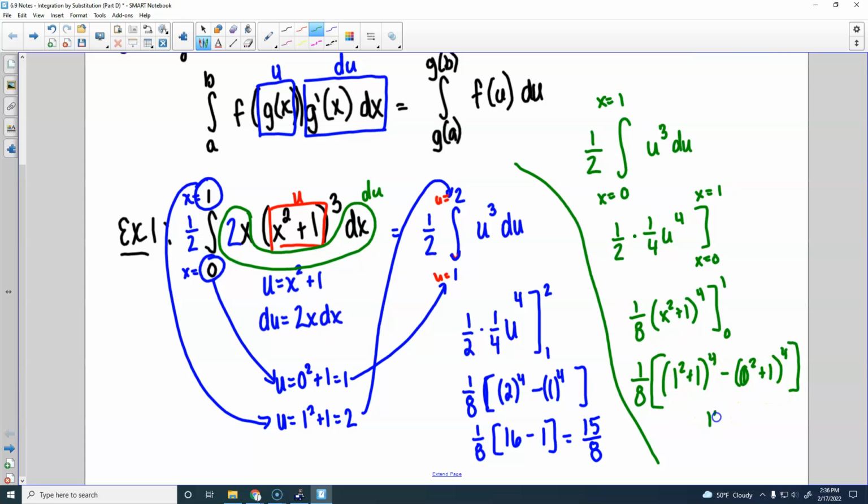This is going to give you 15/8 in the end, but it's just a little more work than doing 2 to the 4th minus 1 to the 4th. So it just makes it a little easier to do. You usually have small numbers that are easy to plug into your u, whereas if you do it down here, it's kind of more jumbled up.